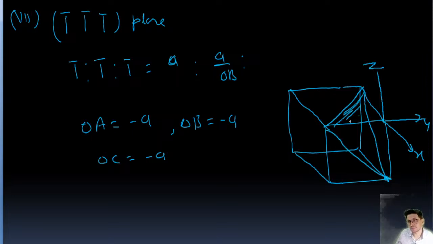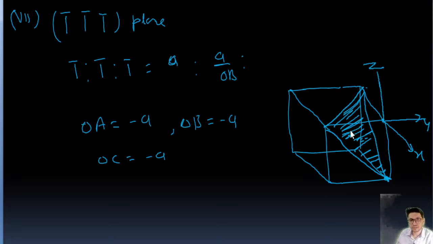You can see this plane is intercepting the x-axis at minus a, y at minus a, and z at minus a. So this is the plane which is intercepting x, y, z at minus a.